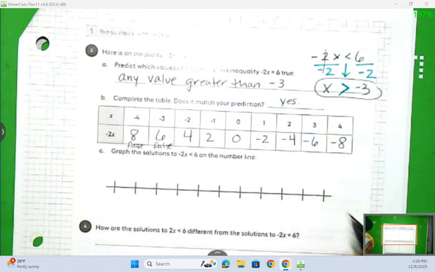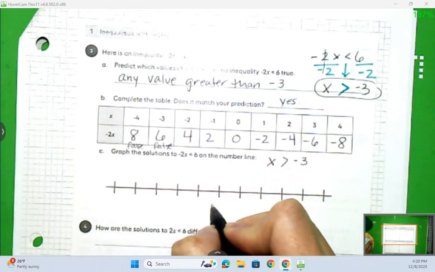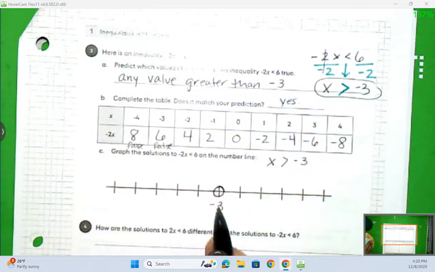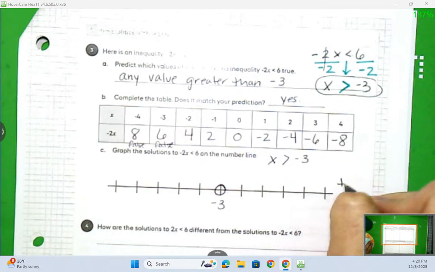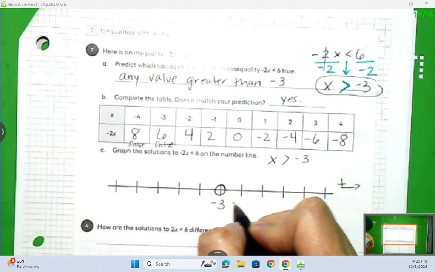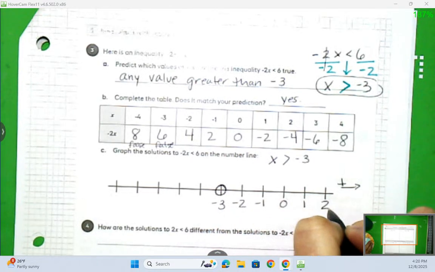And now we're going to graph that on the number line. x greater than -3. We're going to put -3 in the center. We're going to have an open circle at the -3 because it can't equal it. And going in the positive direction, if we add 1 to -3, we get -2, -1, 0, 1, 2.